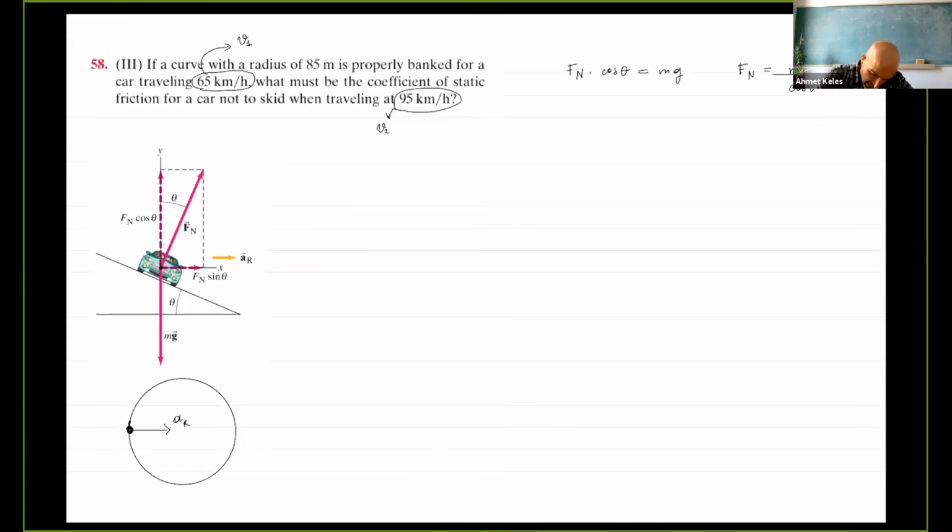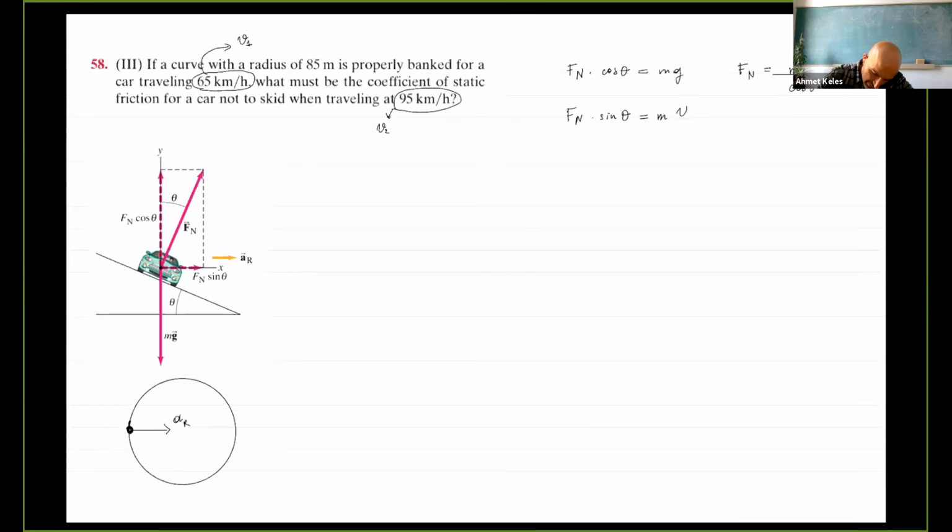Now the direction along x direction is f normal times sine theta should be equal to the centripetal force, which is v squared over r, and this v is recommended speed. Maybe I can write it a little bit more visible.